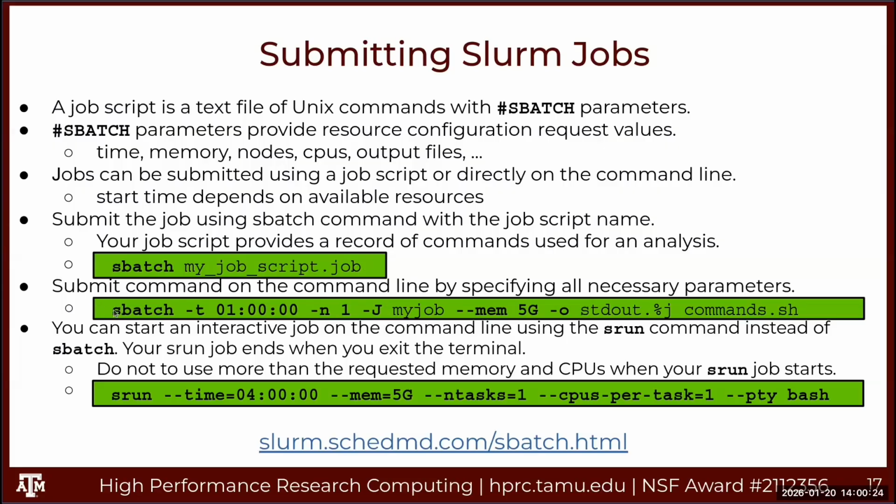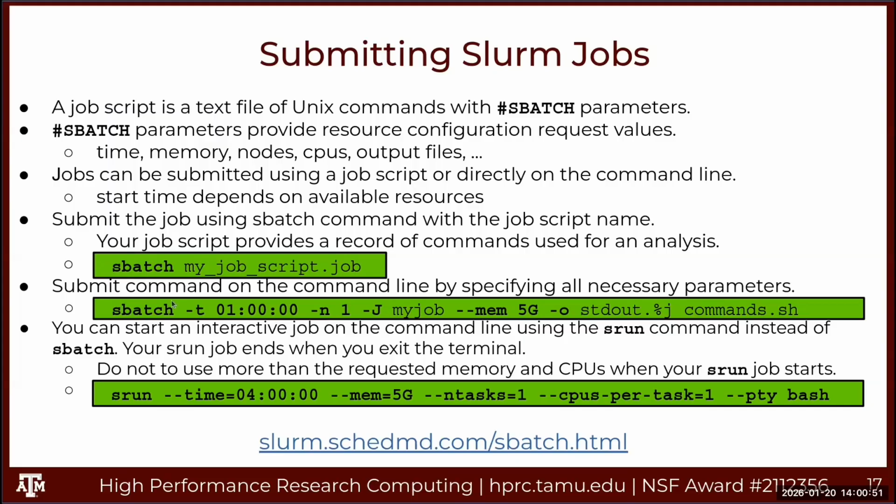You can also do this. Some users put the SBATCH parameters on the command line, and then at the very end they just have a text file that has Unix commands in it. It may be easier to do it the first way because you may not have a record of what's used on the command line.